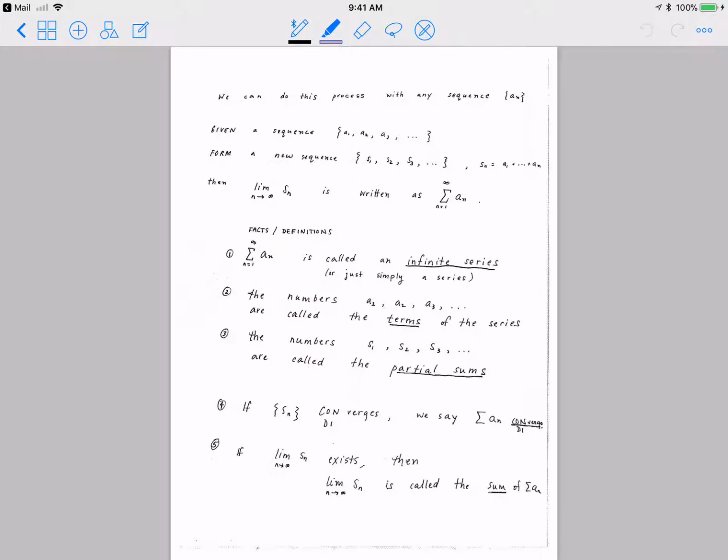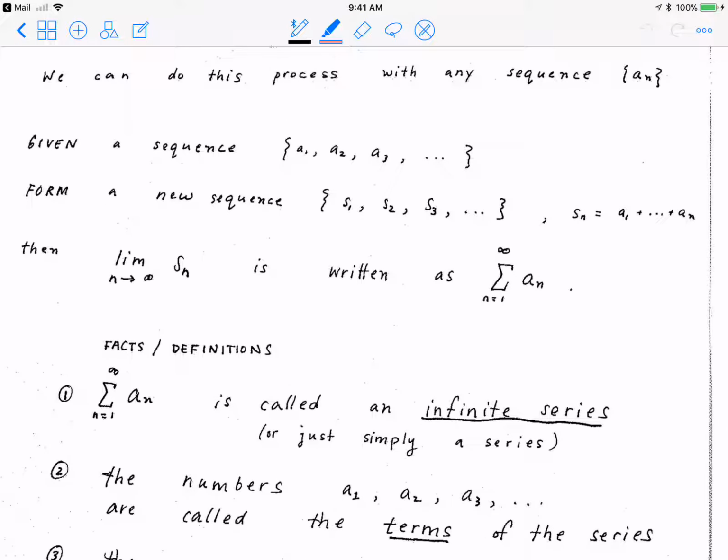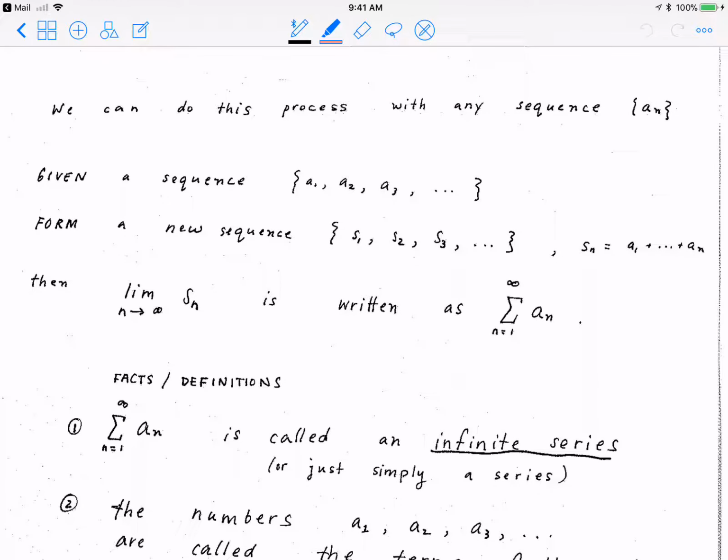So here's the bottom line. We can do this with any sequence, a sub n. We studied sequences last time, and now we're saying that we can do this with any sequence a sub n. There's nothing special about using 9 over 10 to the n as a sub n.